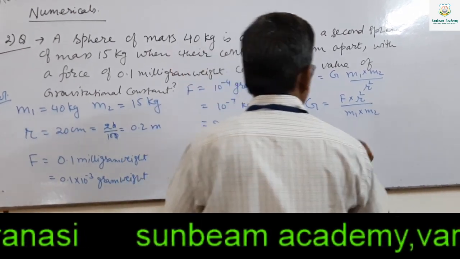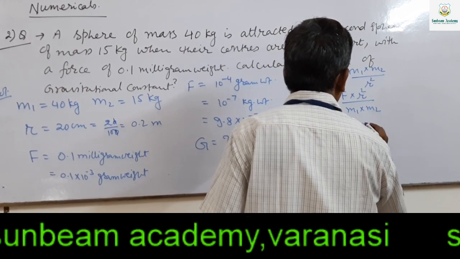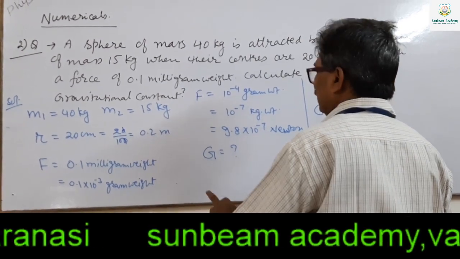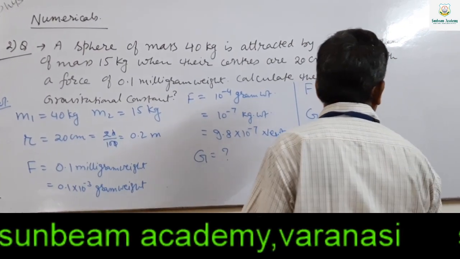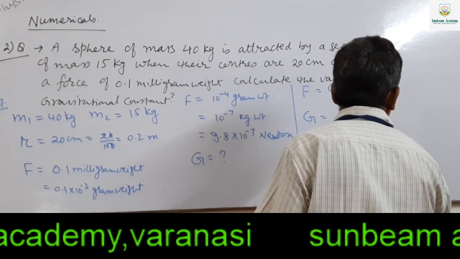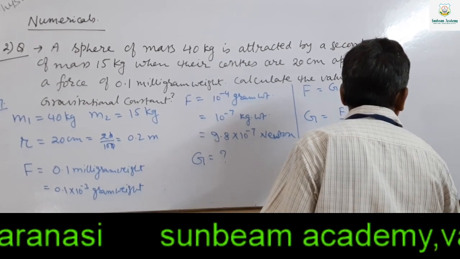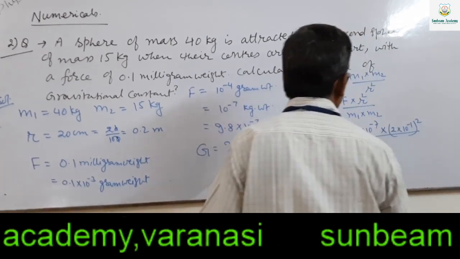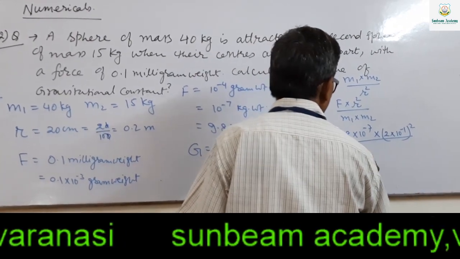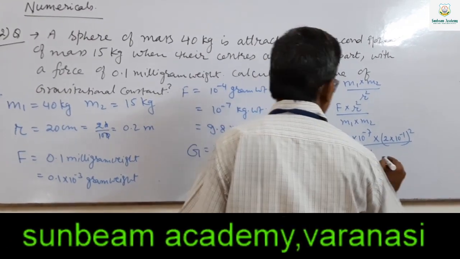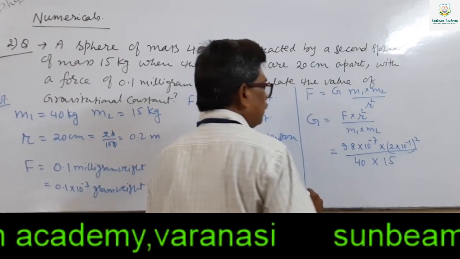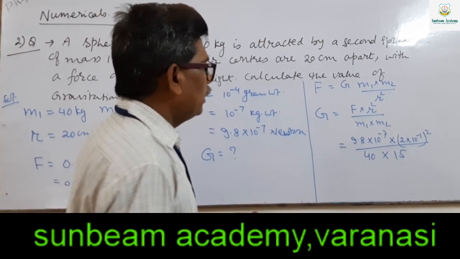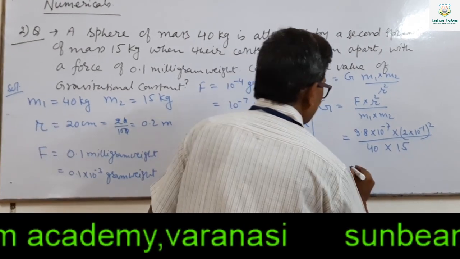Value of F is 9.8 into 10 to the power minus 7. Value of r is 0.2 square, or you can write it as 2 into 10 to the power minus 1 whole square, upon m1 is 40, m2 is 15 kg. Now you solve it. What will be the value? Let us see.